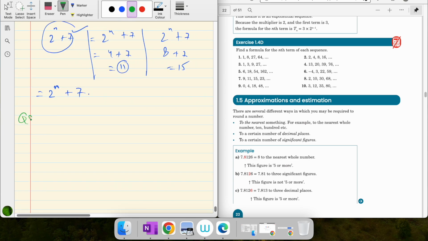Question 8. 2, 10, 30, 68. Eight, 20, 38.